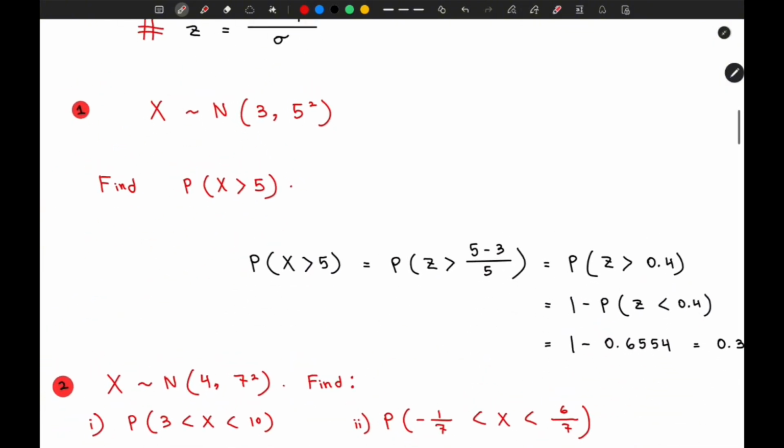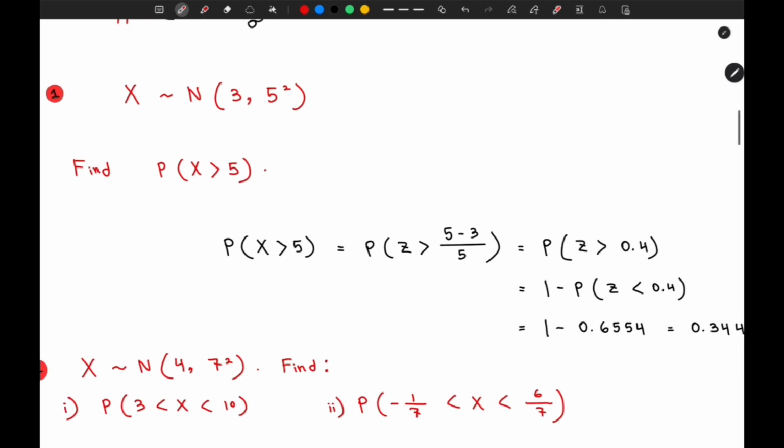Now, if they tell you to find out the probability of x is greater than 5, first of all, you need to convert this value of 5 to z. So you can replace x with z, and 5 with x minus mu over the standard deviation. In this case, the value of x is 5, the value of mean is 3 and the value of standard deviation is 5.